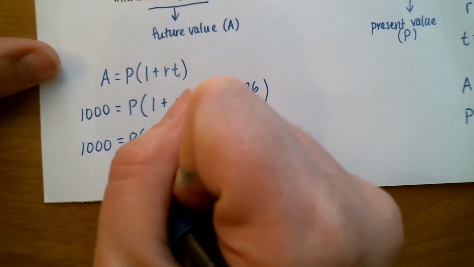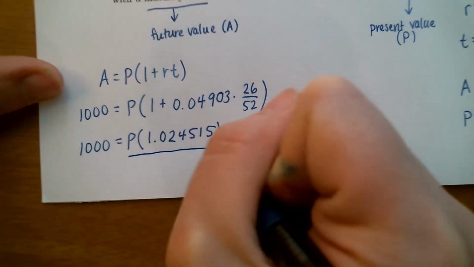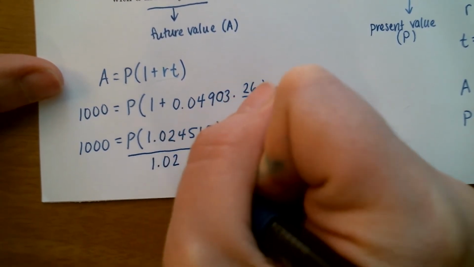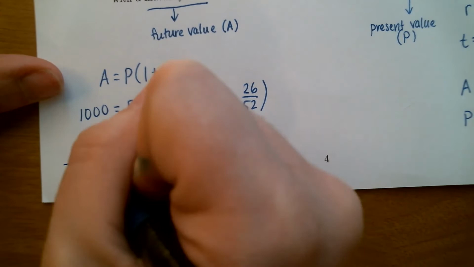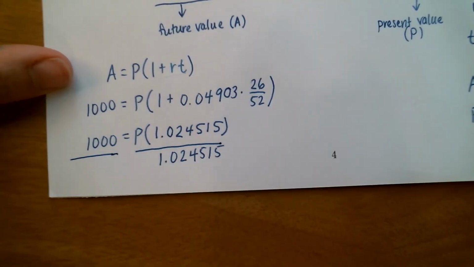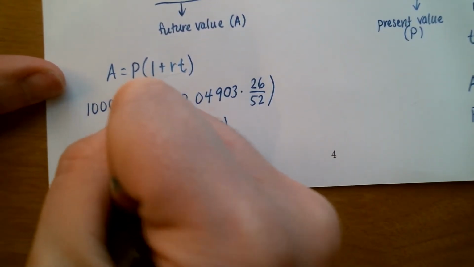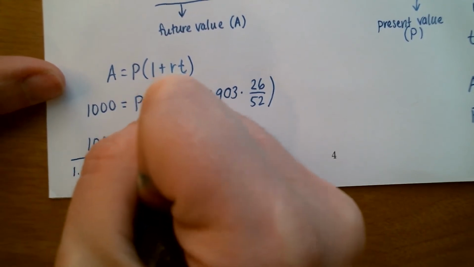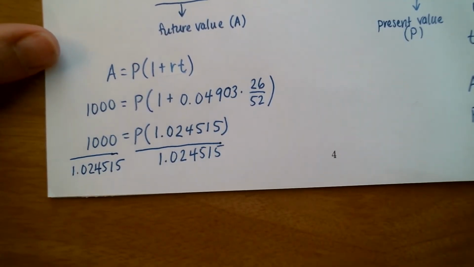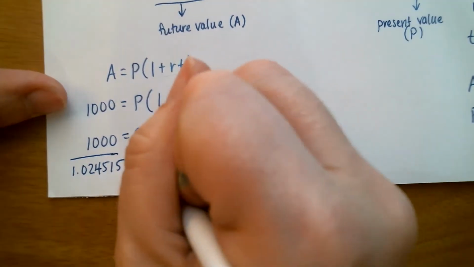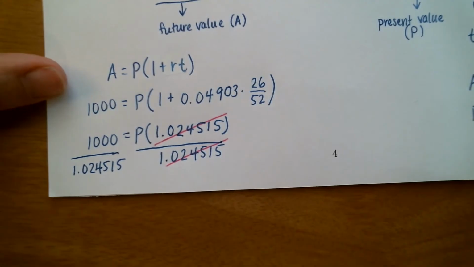And whatever you do to one side, you have to do to the other. So we're going to divide this side by 1.024515, and we're going to divide over here by that same number. These are going to end up canceling, and that'll leave you with P.